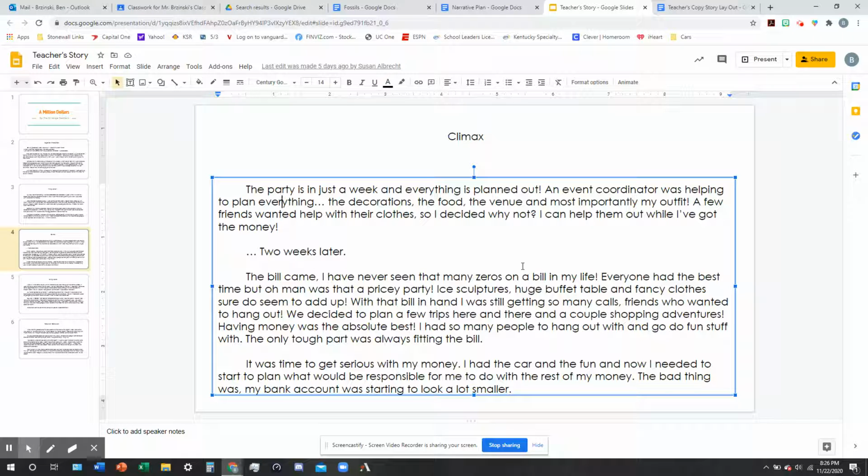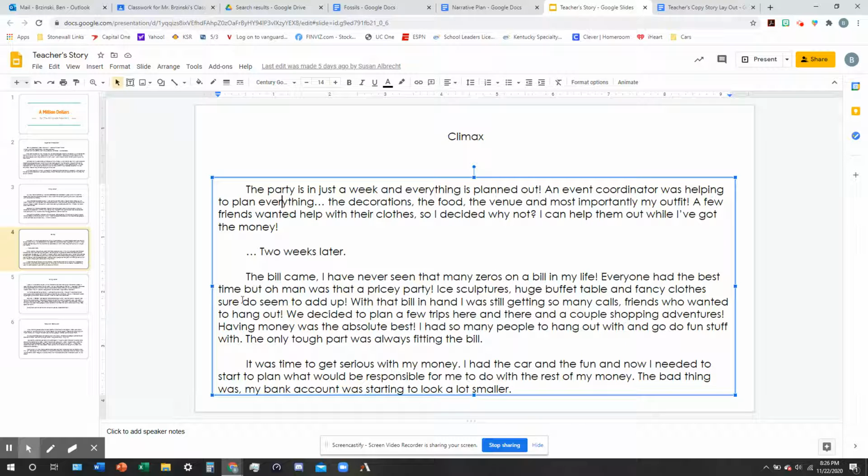Okay, so we've been introduced to the climax of the story, right? The conflict. The main character has all this money, and they've helped out their friends, and it seems like the friends are just hanging around because they get all this cool stuff for free, right? That's the main character's issue here.